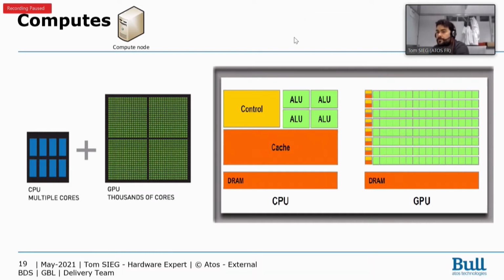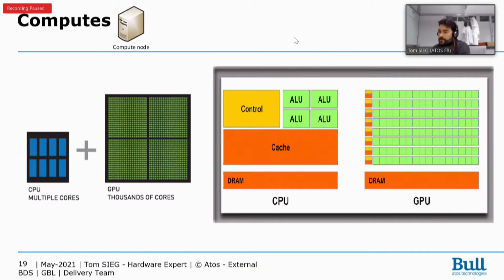Of course, you can use all the jobs on the CPU nodes, and you will be able also to use CPU as a GPU. So you will be able to push GPU jobs on CPU nodes. The fact is the GPU is more efficient for some kind of jobs than CPU nodes.